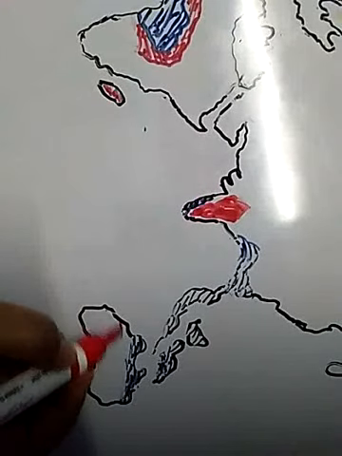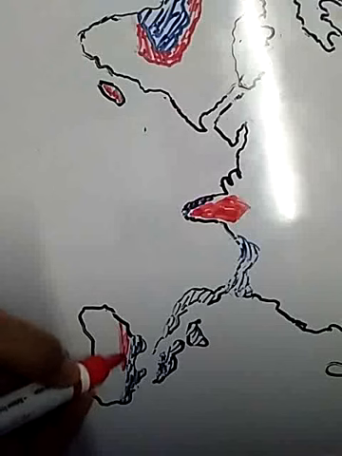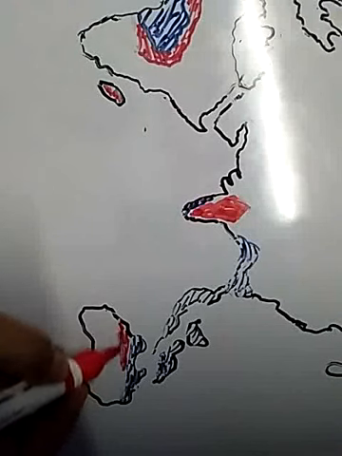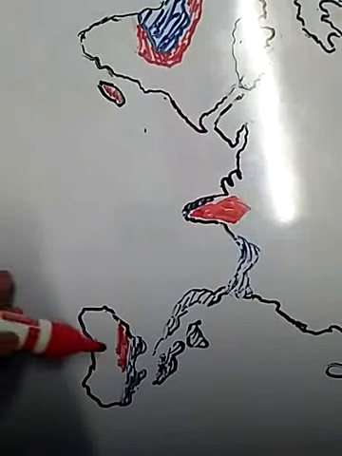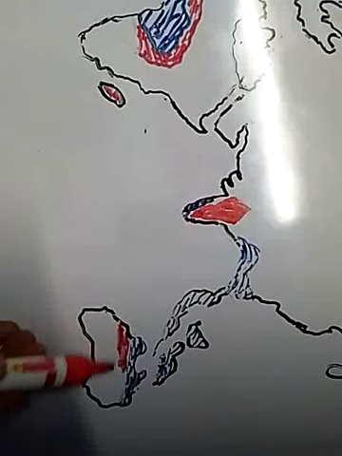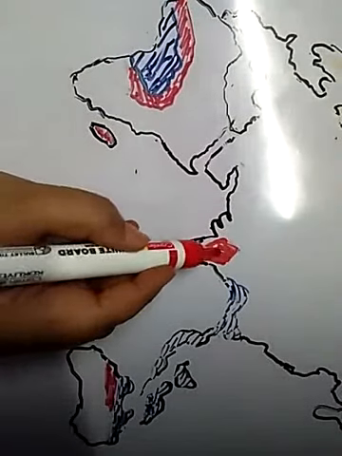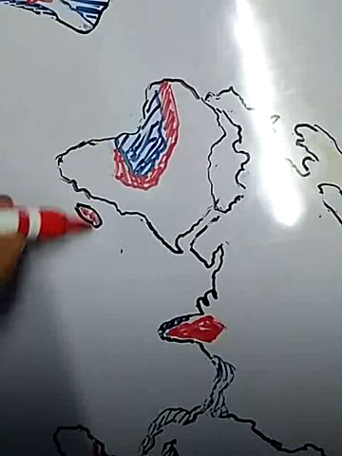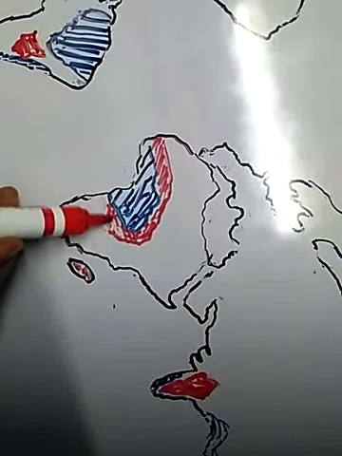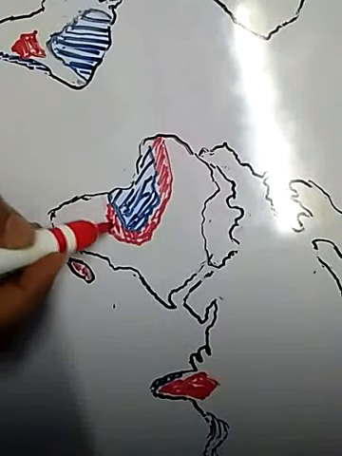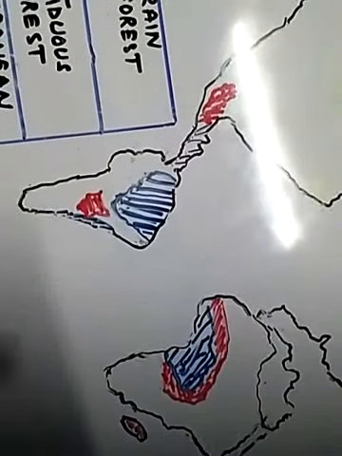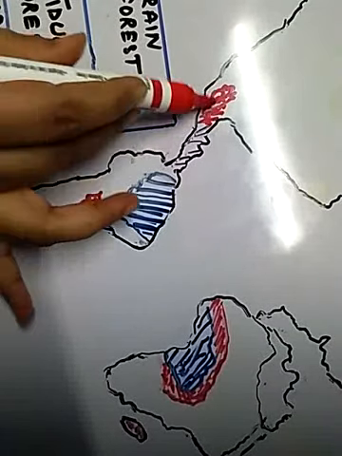In Australia, here. So these are the areas of the tropical deciduous forest: here in Africa, in India here, Madagascar Island here, Africa here, in America here and here.